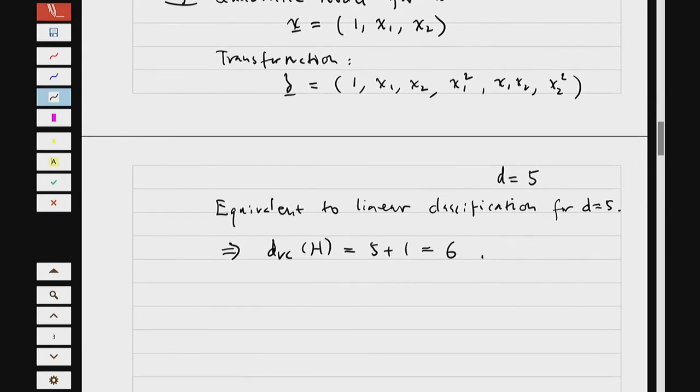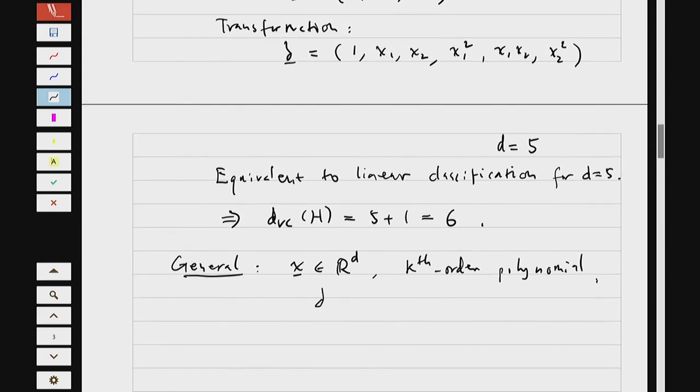So in general, you ask, well, what if I want to have a higher order nonlinear transformation, right? And then I also have general d. So k-th order polynomial. Then what would be the VC dimension of that? For general nonlinear transformation, basically, you can easily figure this out. How many k-th order polynomial terms do you have?